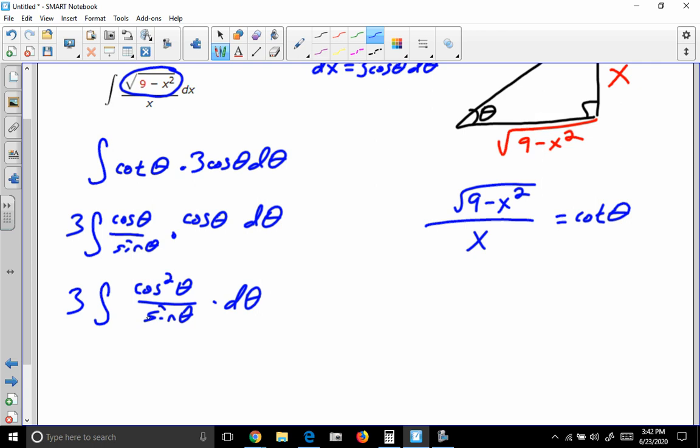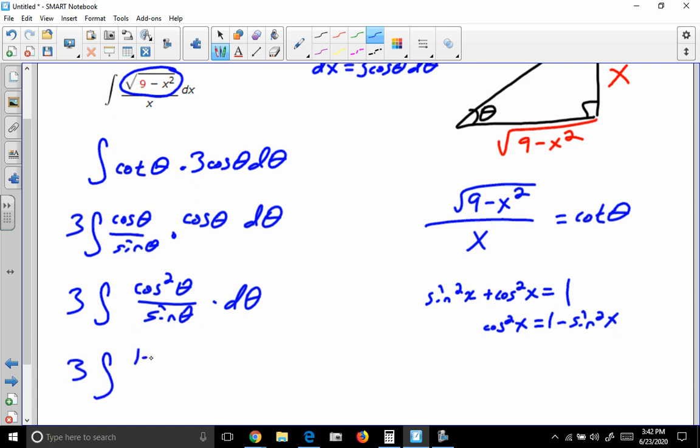But let's do this. Since this is sine on bottom, let's try to change the rest of it into sines. And you'll see why in a minute. If we solve for it, cosine squared is 1 minus sine squared. Why am I doing that?